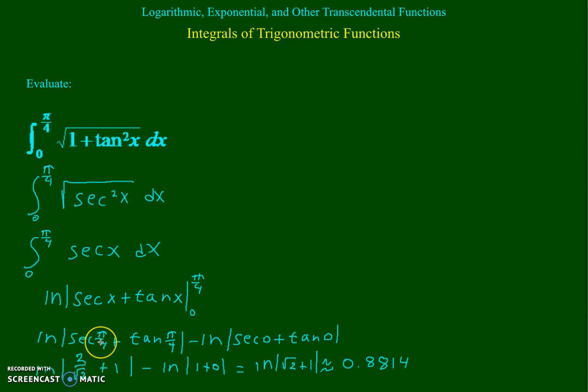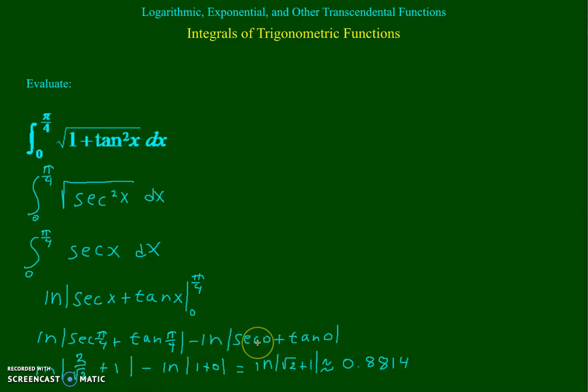Secant of pi over 4, since secant is the same as 1 over cosine, and cosine of pi over 4 is the square root of 2 over 2, secant is the reciprocal of that, so this is the reciprocal of square root of 2 over 2. So it's 2 over the square root of 2. Tangent of pi over 4 is just 1, and that's minus this piece.